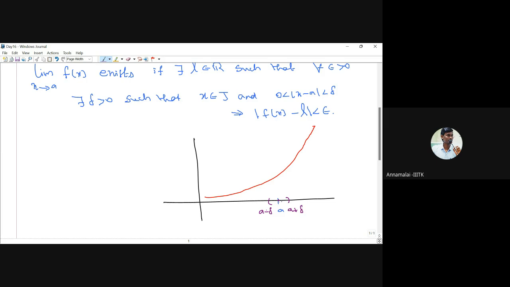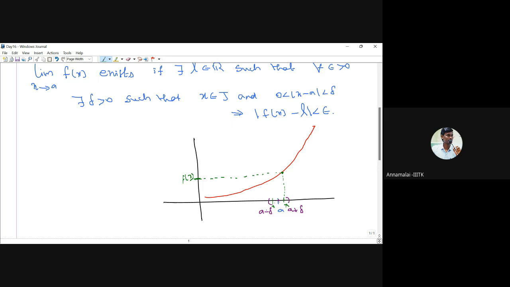Now, if you take any point in this interval, suppose we take some element x in that interval, say x is here. Therefore, the corresponding point on the graph is this point. This is f(x). The point x may be after a or before a, either on the right hand side or the left hand side of a.